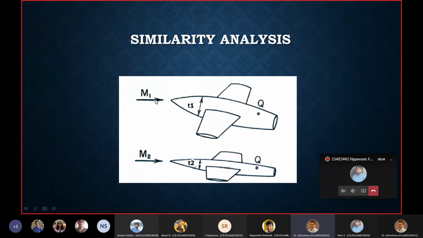So we'll just continue from where we discussed yesterday. We are talking about the approach to similarity analysis.